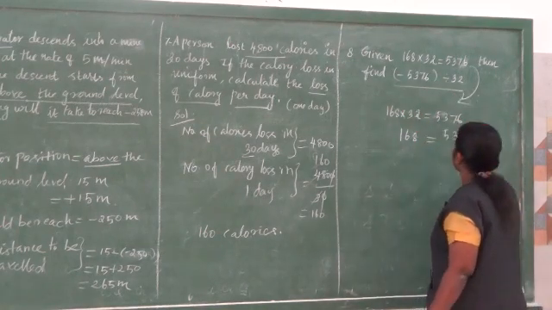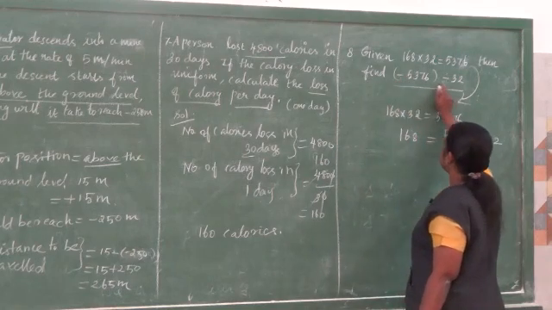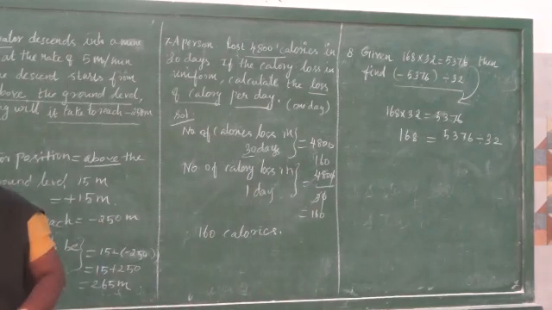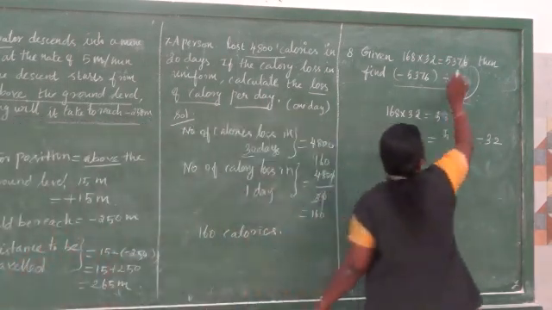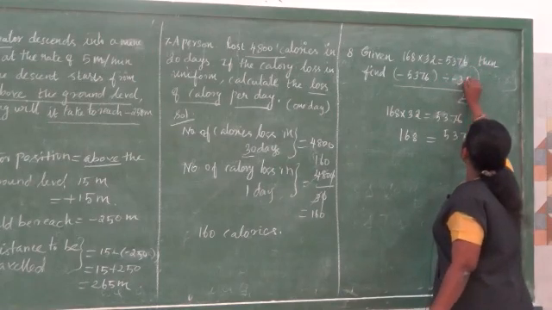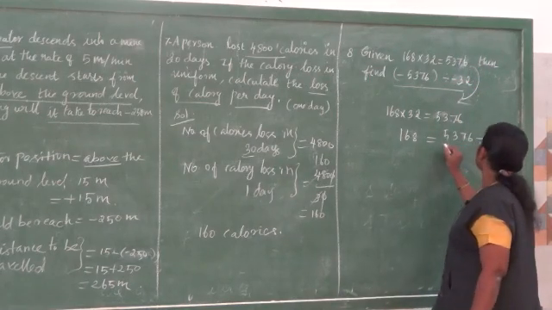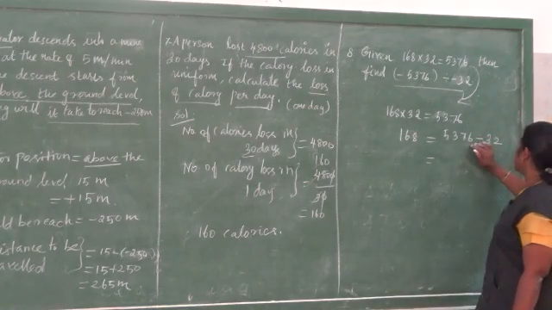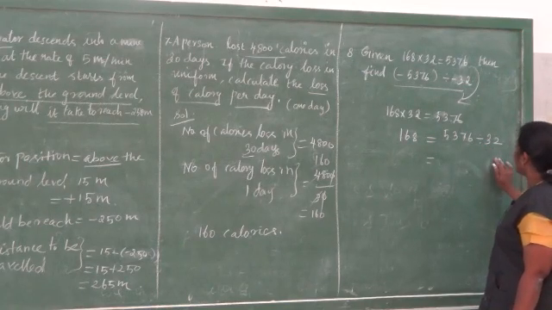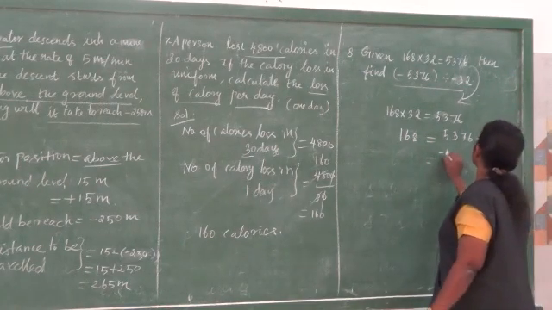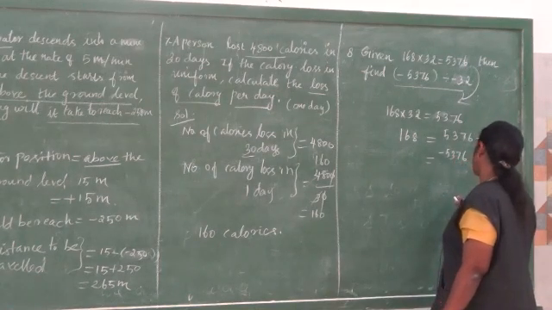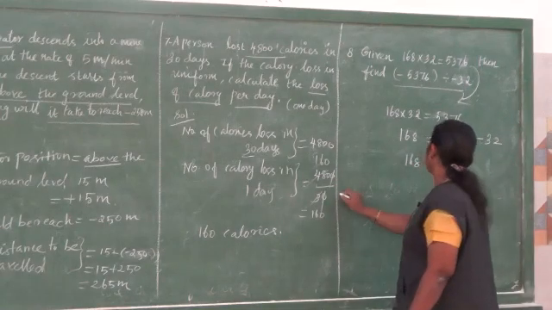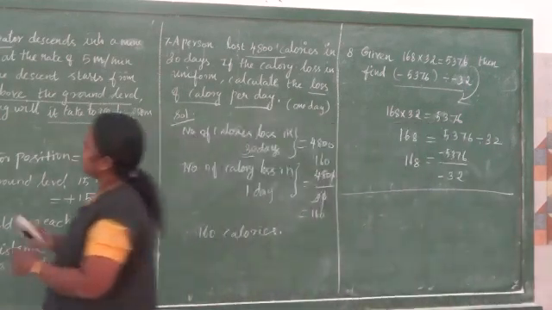That is the answer we have to find, but here a negative integer is given, minus 5376 divided by, I left out the minus sign, minus 32. So we need the minus sign here. We know the division of integers with the same sign will give a positive integer. So we can write minus 5376 divided by minus 32 equal to 168.